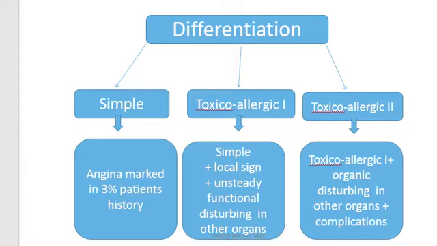Okay, we can differentiate them. During the simple form, angina is marked in 3% of patients' history. Toxic allergic 1 has the simple and local signs, and unsteady functional disturbance in other organs. Toxic allergic 2 has the toxic allergic 1 symptoms plus other organ functional disturbance, and complications also occur.